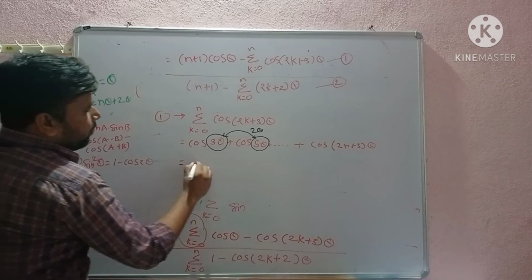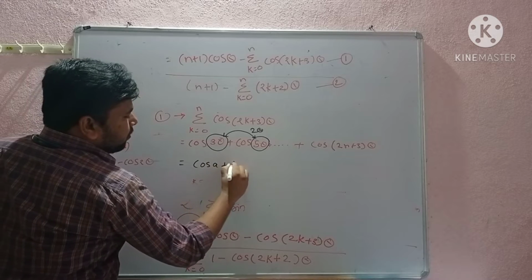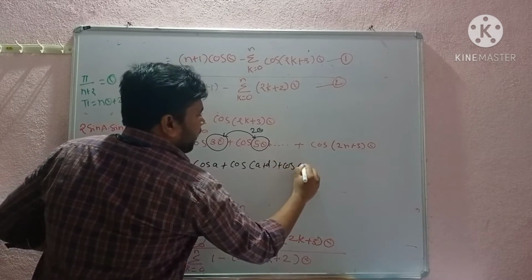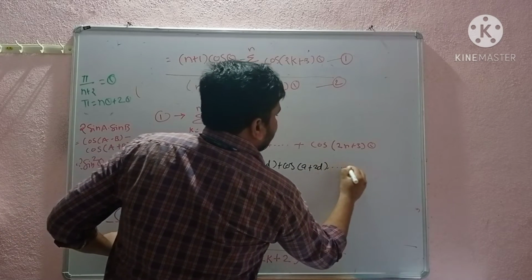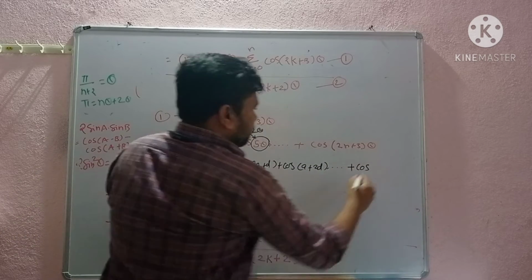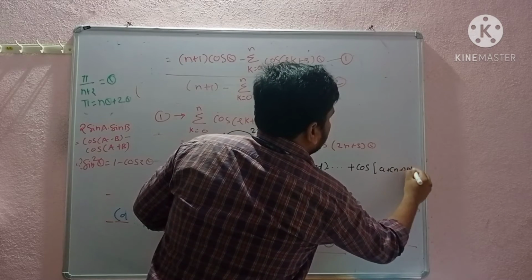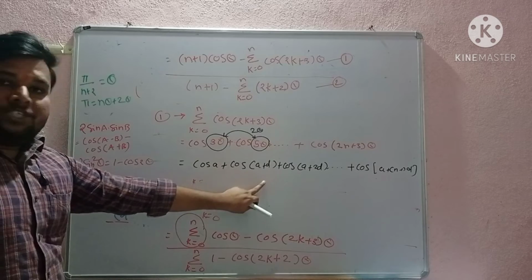So we can write this form: cos a plus cos (a plus d) plus cos (a plus 2d) and so on, plus cos (a plus (n minus 1) d). So the equation is of this type.